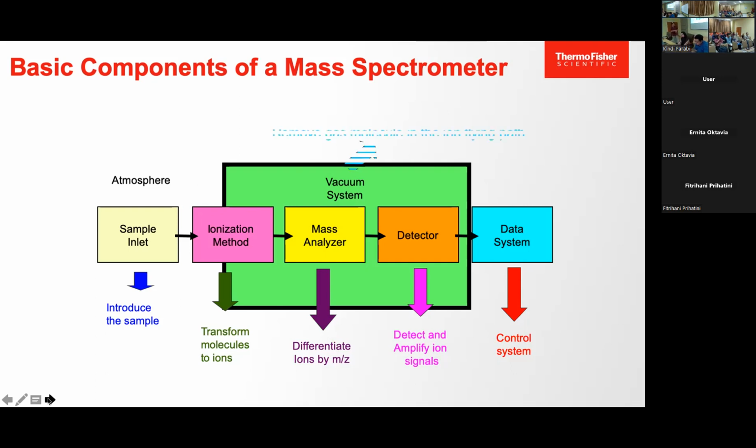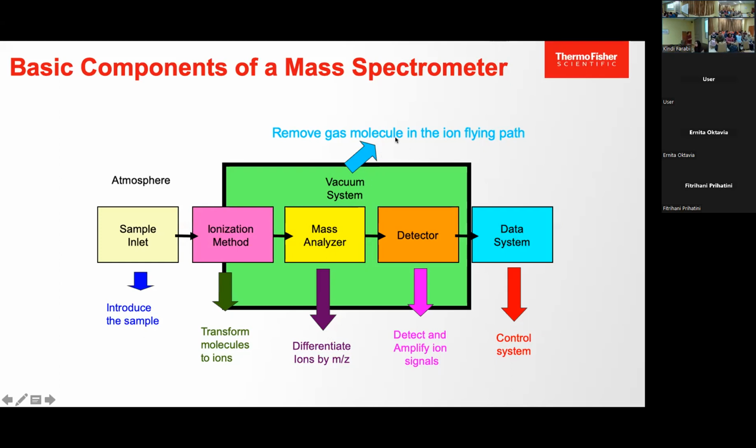This is to control the system, and the vacuum system, depending on the mass spec, is 10e minus 6 for some, 10e minus 10 for others. Outer space is 10e minus 11. So you can see they are trying to create a vacuum inside the mass spec. Why is vacuum needed?